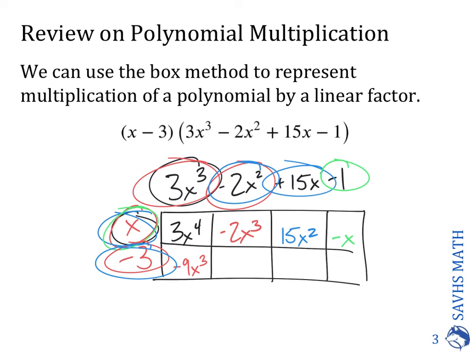Negative 2x squared times negative 3 is 6x squared. 15x times negative 3 is negative 45x. Just kidding, it's not squared. Sorry about that. And then negative 1 times negative 3 is 3.